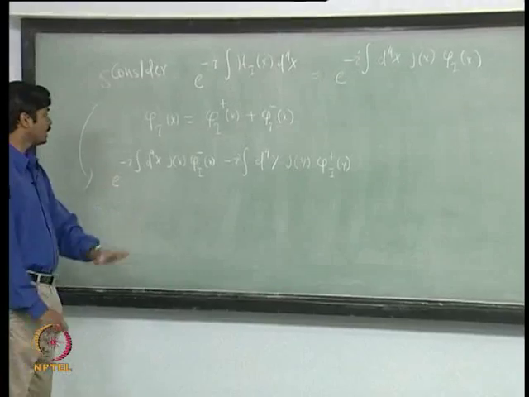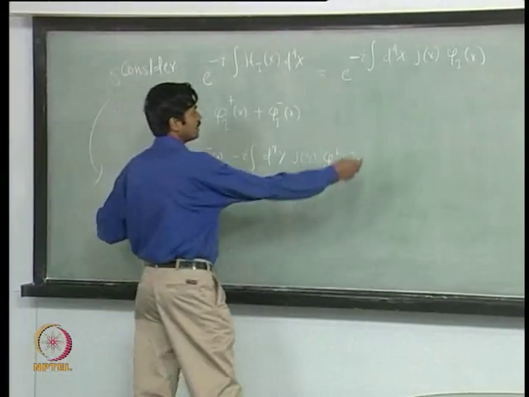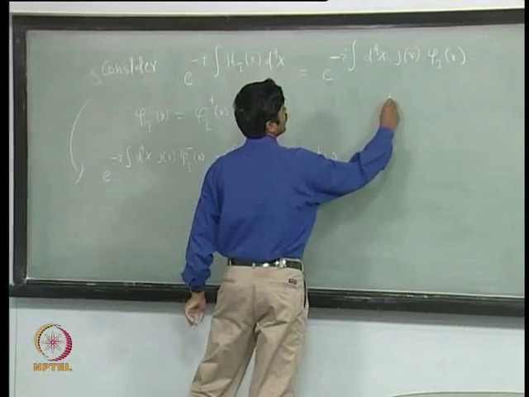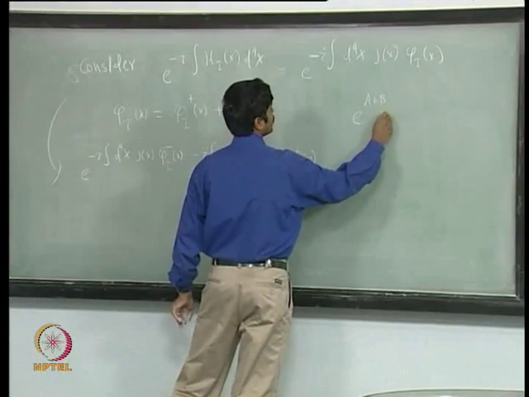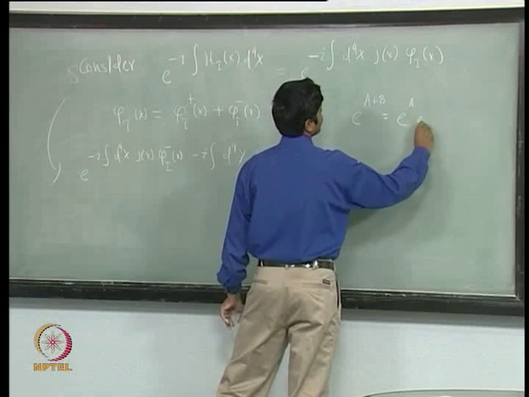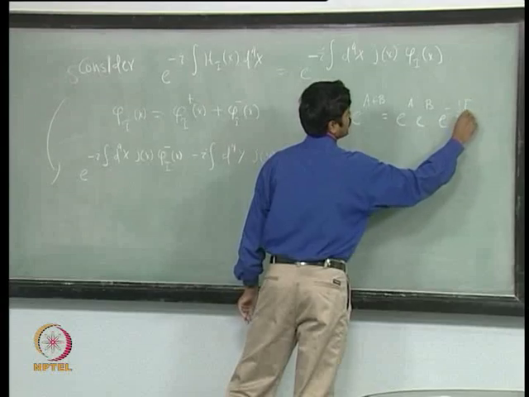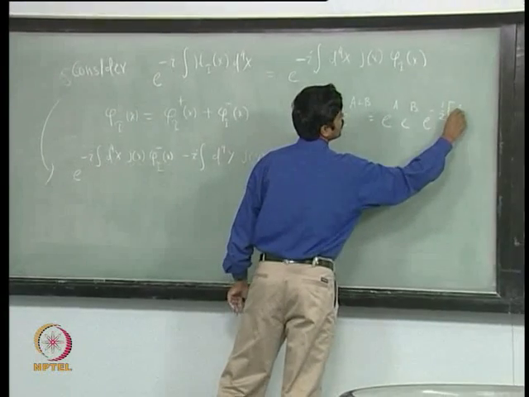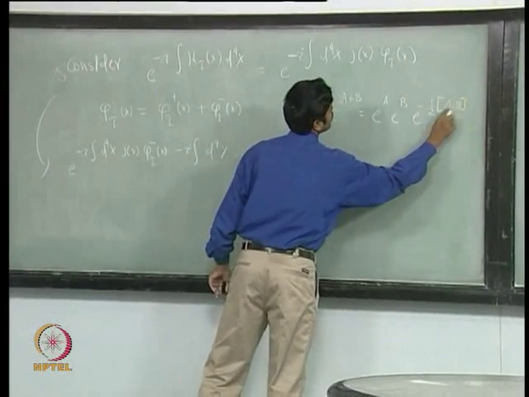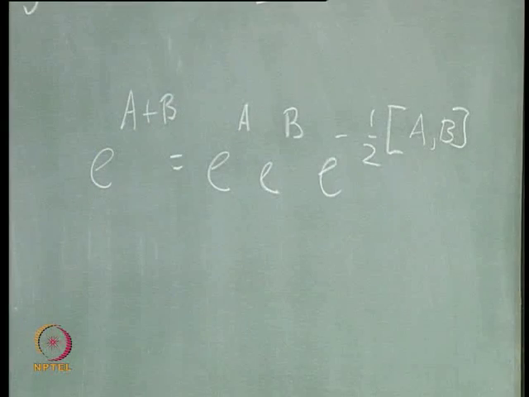So, this is absolutely trivial, but now again I will use this relation e to the power a plus b equals e to the power a, e to the power b, e to the power minus half commutator of a b, whenever this commutator of a and b commutes with both a and b.